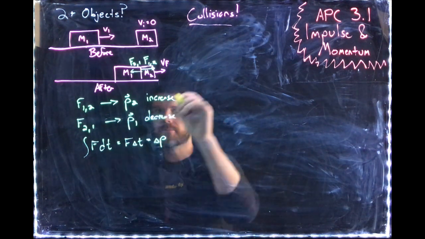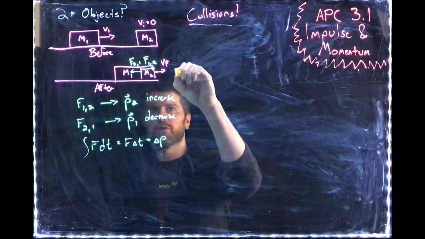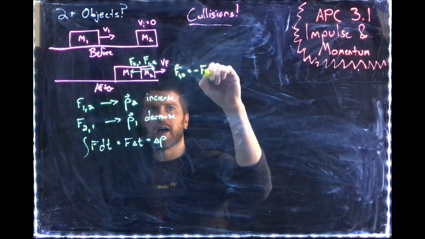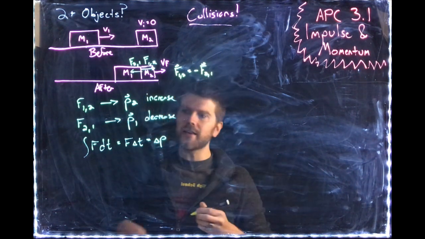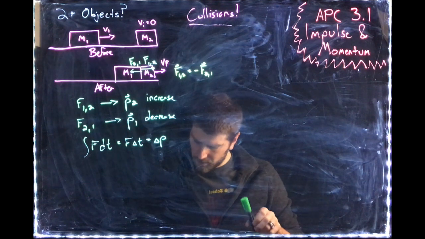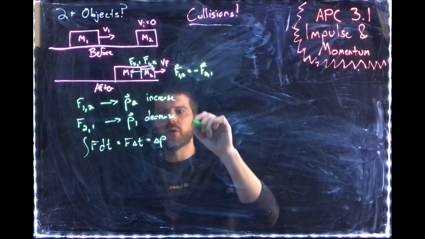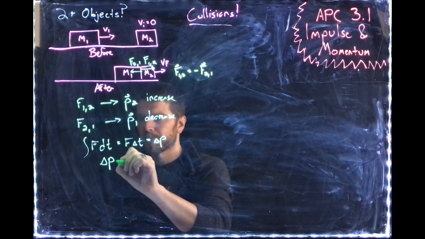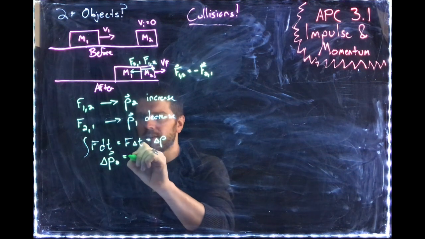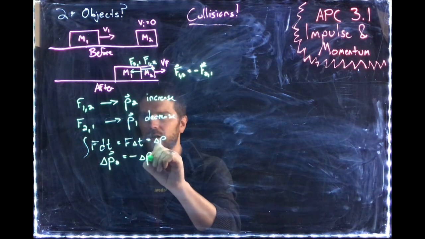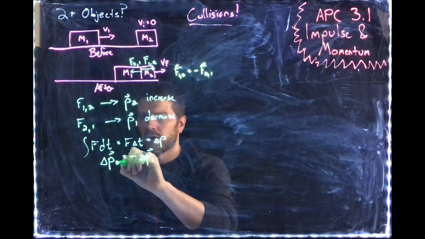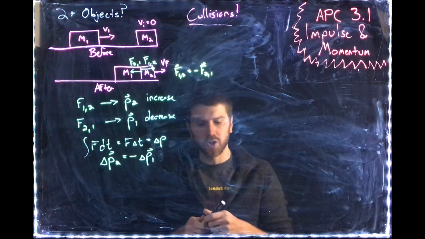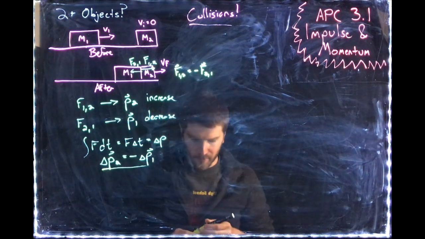We know that F12 and F21 are equal and opposite. So what that tells us is that whatever momentum P2, whatever momentum block 2 gains, is going to be exactly equal and opposite to the momentum change of block 1. That is, if block 2 gains some momentum, block 1 loses the same amount of momentum.